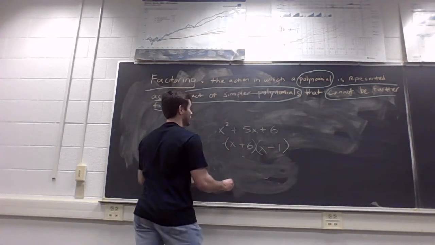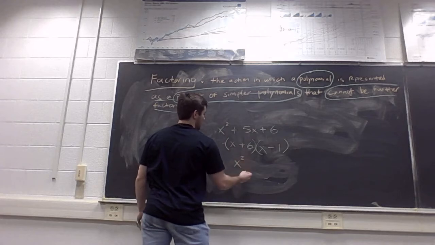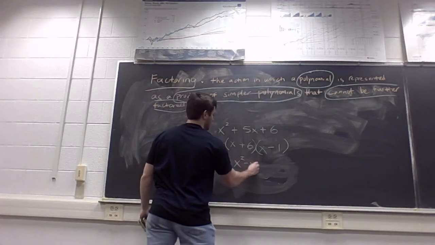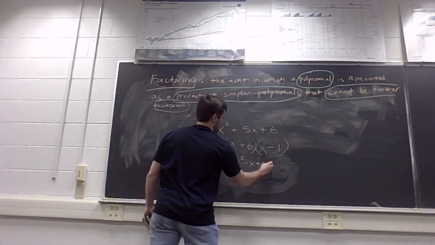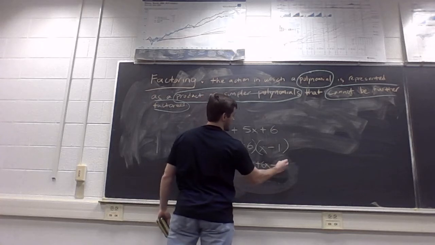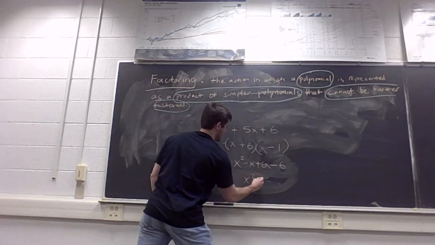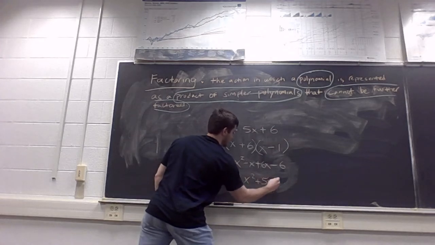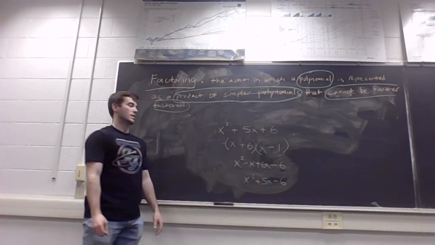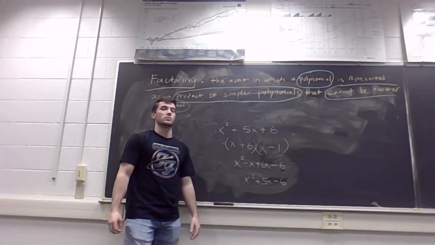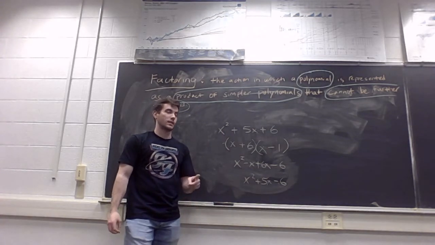Right? Let's do FOIL again. So we get x squared minus x plus 6x minus 6. So now we have x squared plus 5x minus 6. That's not quite the same as what we started with, is it? So you're on the right track.